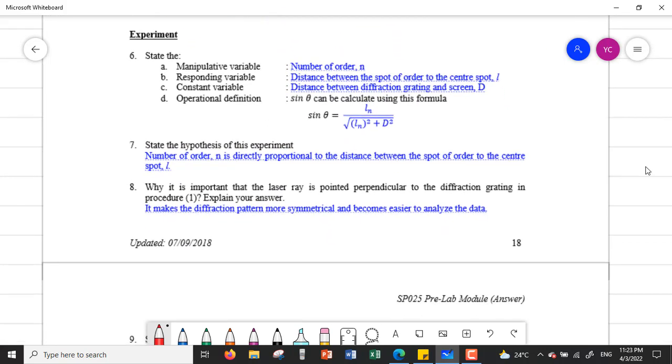Then Question 6. State the manipulated variable for this experiment. The manipulated variable is the order number, n.